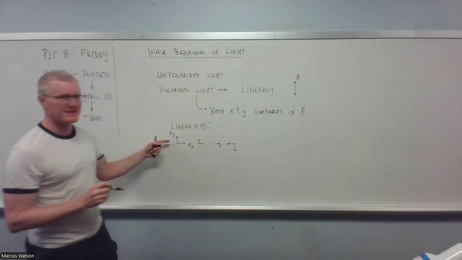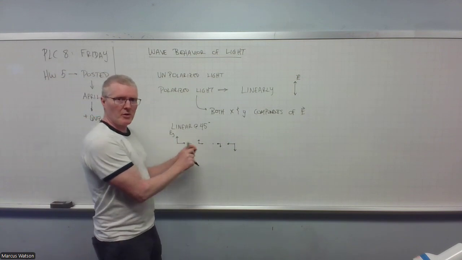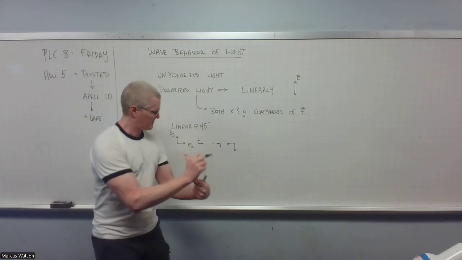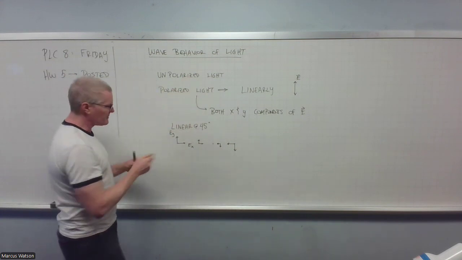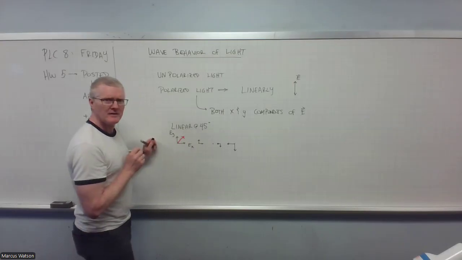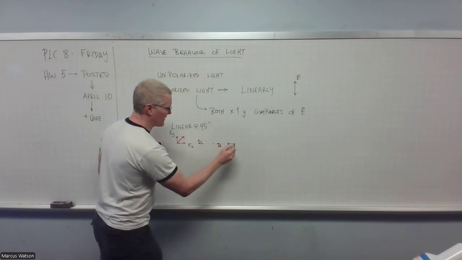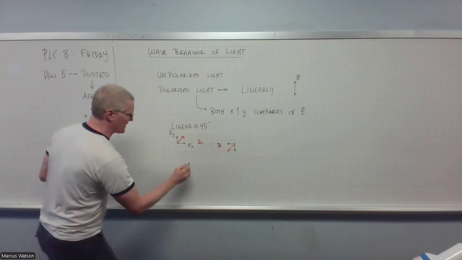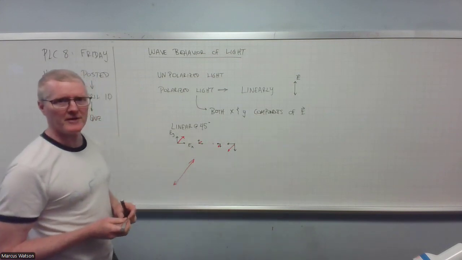So if my EX and EY change from being this to being smaller to being nothing to being this way and then being bigger this way, then the initial polarization vector would have been this way, and now it's slightly less this way, and now it's nothing, and now it's slightly more this way, and now it's slightly bigger that way. So I'm getting a linear polarization at 45 degrees.